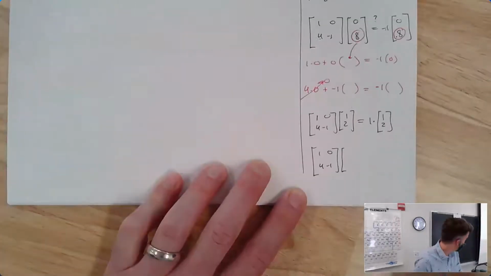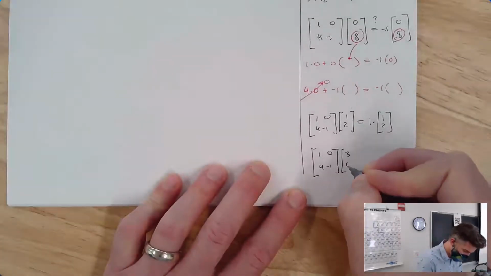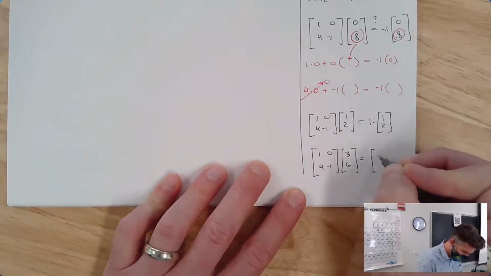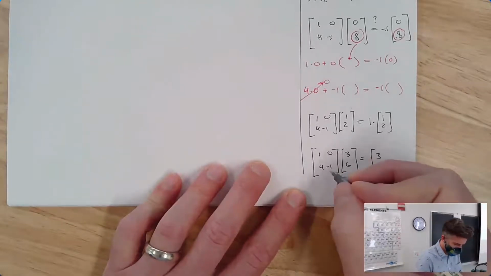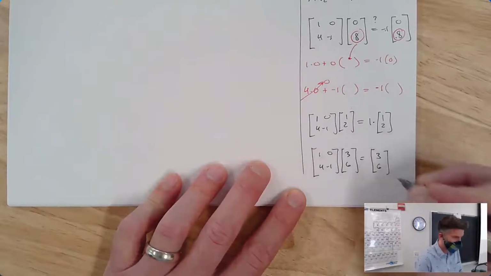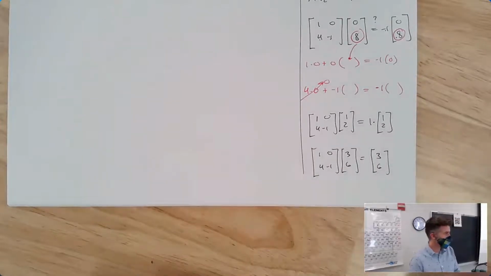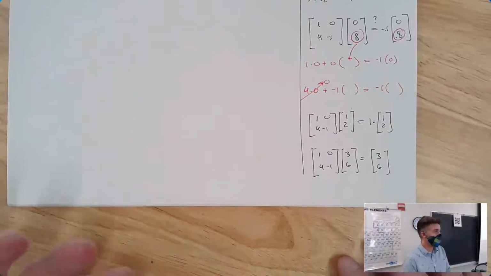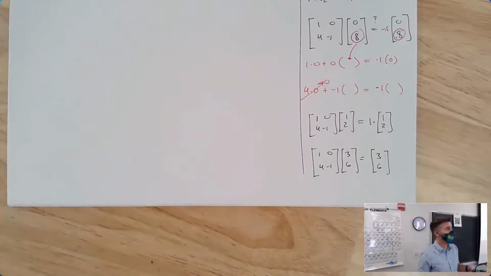If I picked the eigenvector, say 3, 6, I'm going to get 1 times 3 plus 0 times 6. And I get 4 times 3 minus 1 times 6, which is 6. Oh, yeah, that's also an eigenvector. So any multiple of an eigenvector is also an eigenvector for the same eigenvalue. And that's why we talk about the eigenline, because the line that contains your eigenvector contains every eigenvector that's a multiple of it.